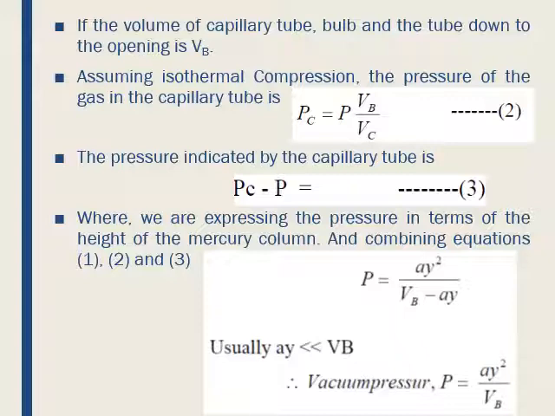So P1 into V0 minus AY is equal to AY square. As we assume that AY is much smaller compared to V0, it can be neglected, so that P1 is equal to AY square by V0.